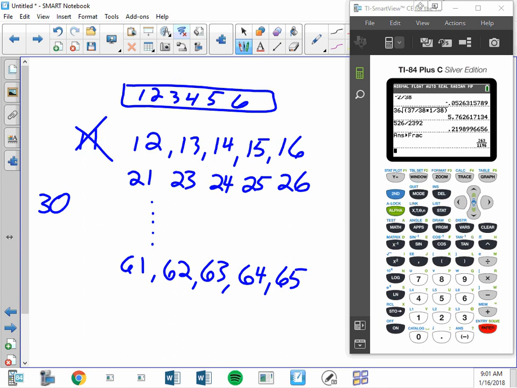How many of them are going to add up to 7? Well, 1 and 6, 2 and 5, 3 and 4, 4 and 3, 5 and 2, and 6 and 1.